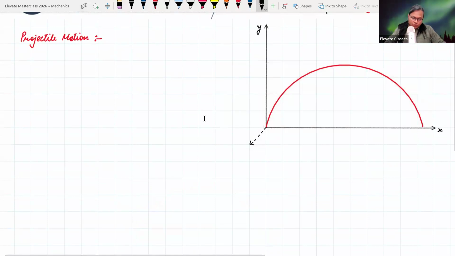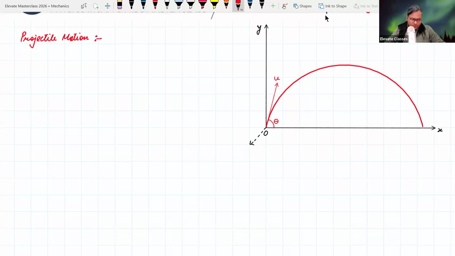All right. So let us look at the various quantities involved. Let's say this is the origin of the coordinate system. And let us say that the initial ball is thrown at a particular angle theta with a velocity or a speed of u. Okay.